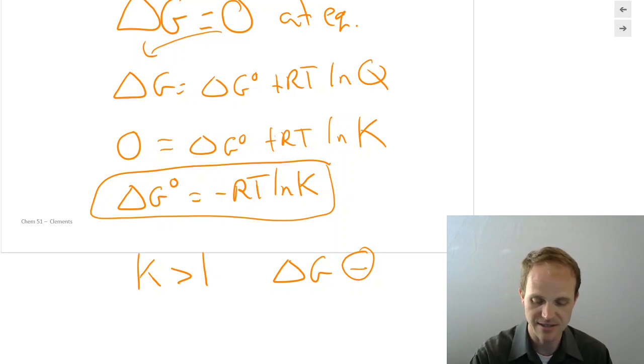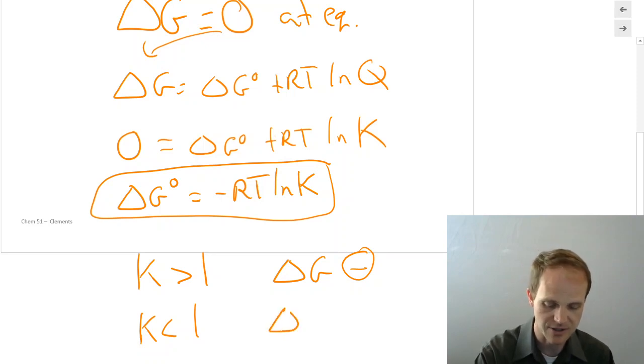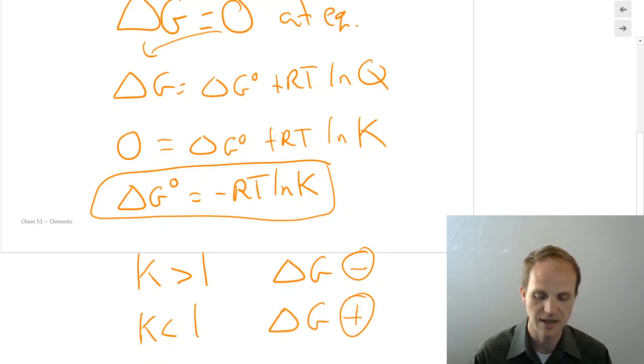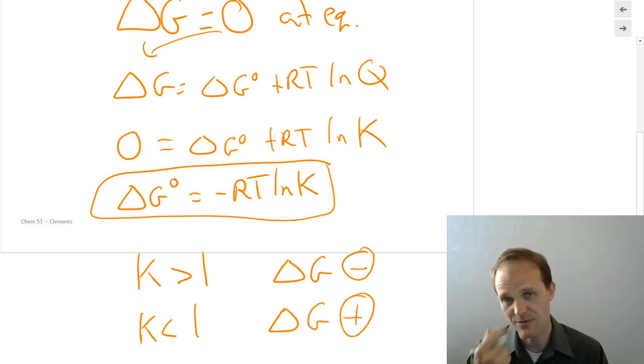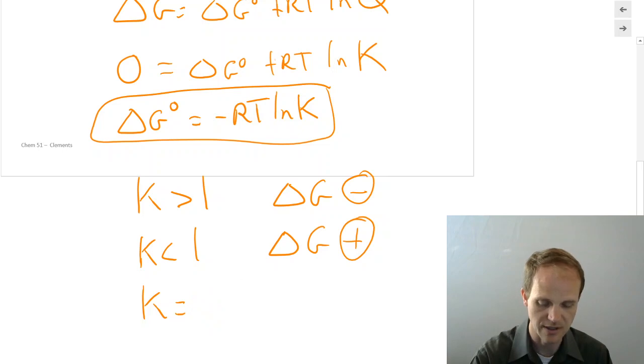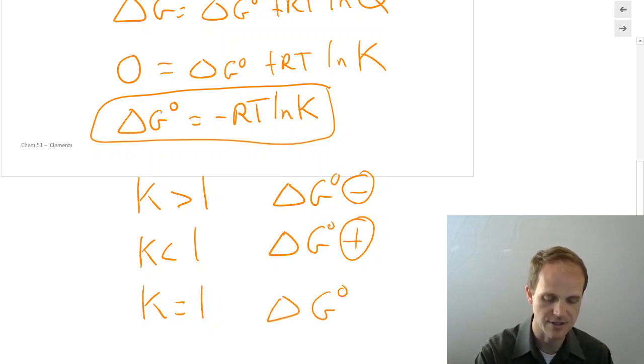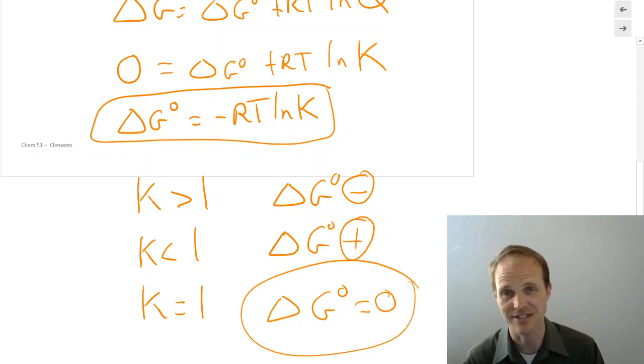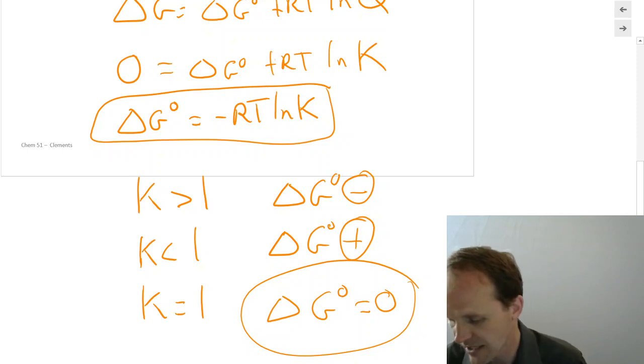And K is less than 1, we get that the natural log of K is negative and delta G is going to be positive, and we're actually going to be spontaneous in the reverse direction, or favoring reactants. And of course, when K is equal to 1, our natural log of K is zero, and we have this strange situation, which doesn't happen very often, where it's at equilibrium at standard conditions, which again doesn't happen very often, but it can.